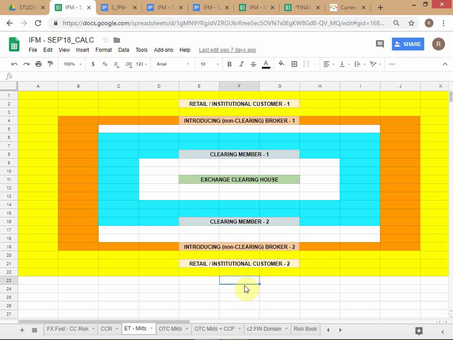So the exchange sees how much the crude oil contract can move at a particular point of time. This is a crude oil chart, a very long-term chart of monthly closing prices, and you can see it's very volatile. But essentially the ECH will think, my exposure is only for about 1 to 1.5 days, because if they don't pay up by then, I'm going to close out their contract in the market.